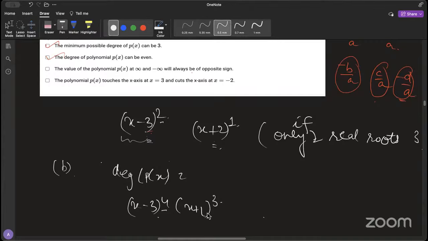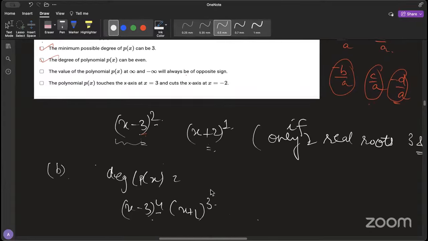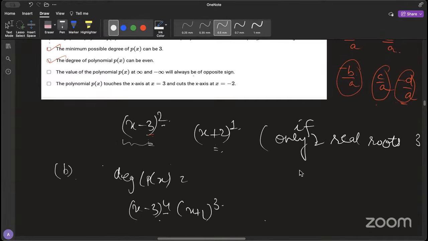This is even, this is odd, and then you don't have any other real root. If you are assuming these are the only two real roots, you can still have complex roots, and the multiplicity of a complex root will be even, right?